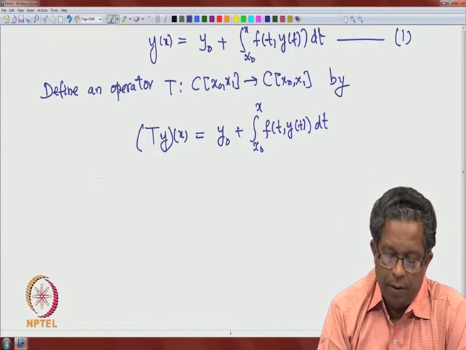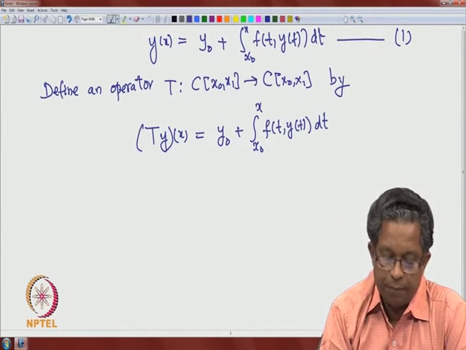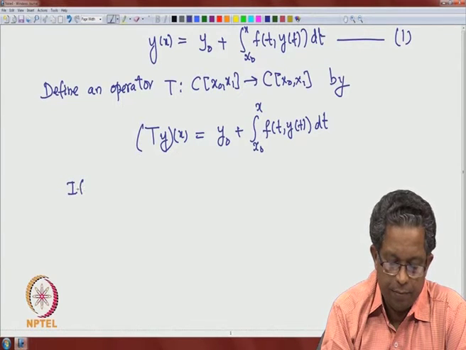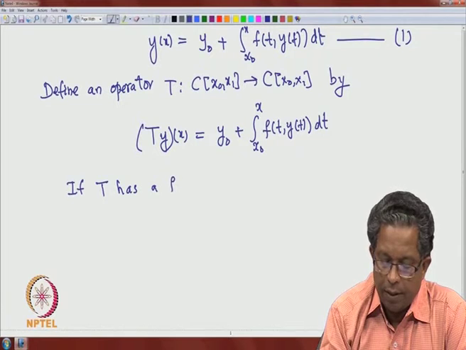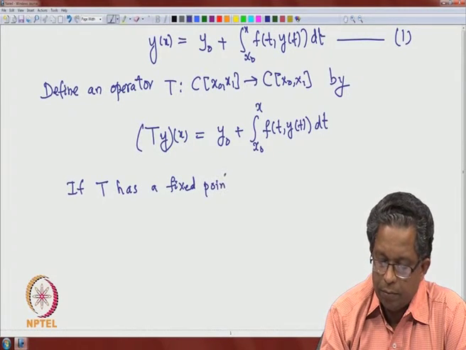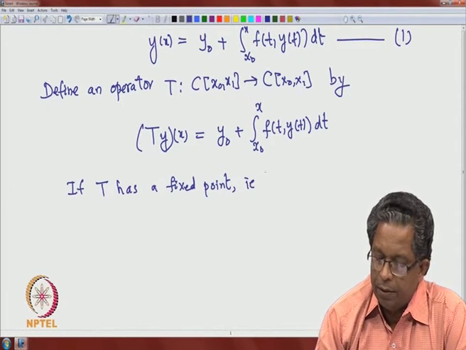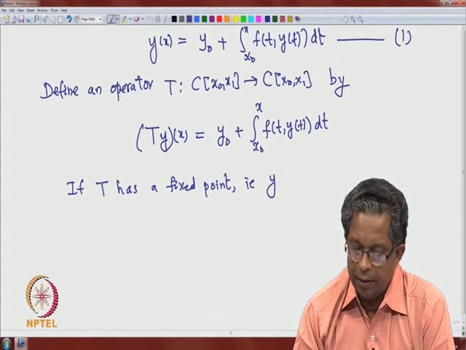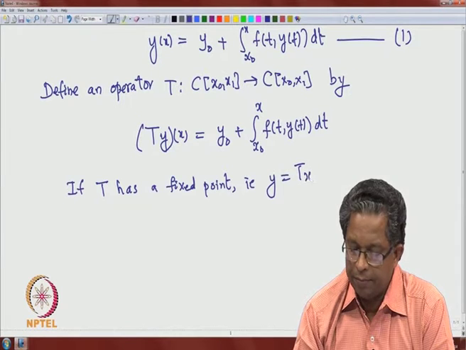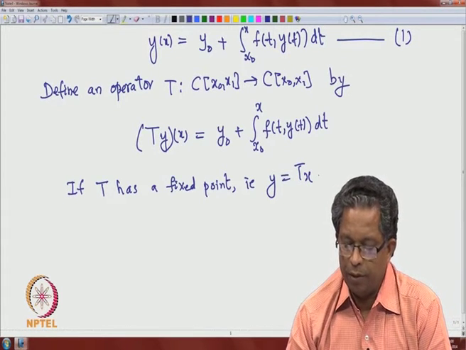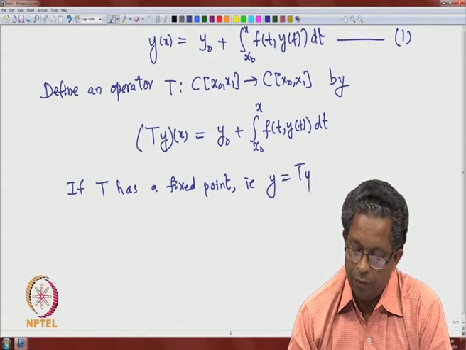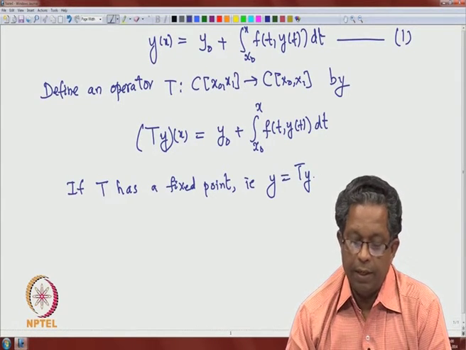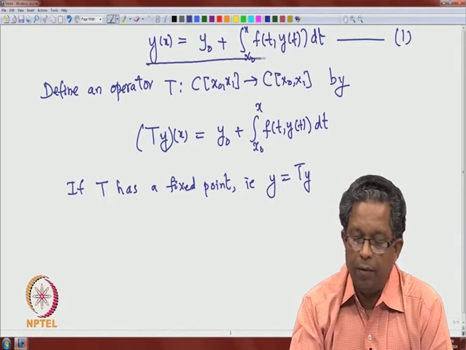Now, if T has a fixed point, that is, if you can find some y such that y is equal to Ty, then that is nothing but your integral equation.